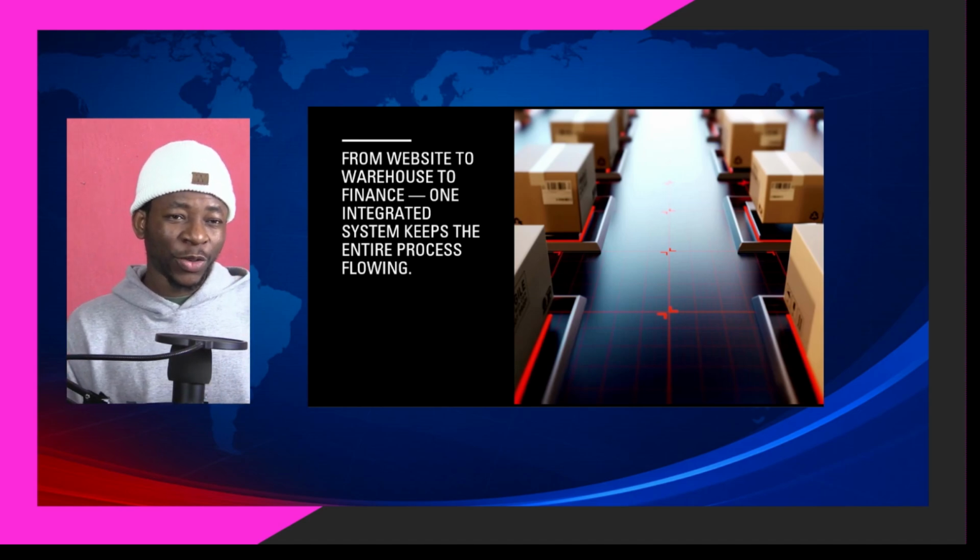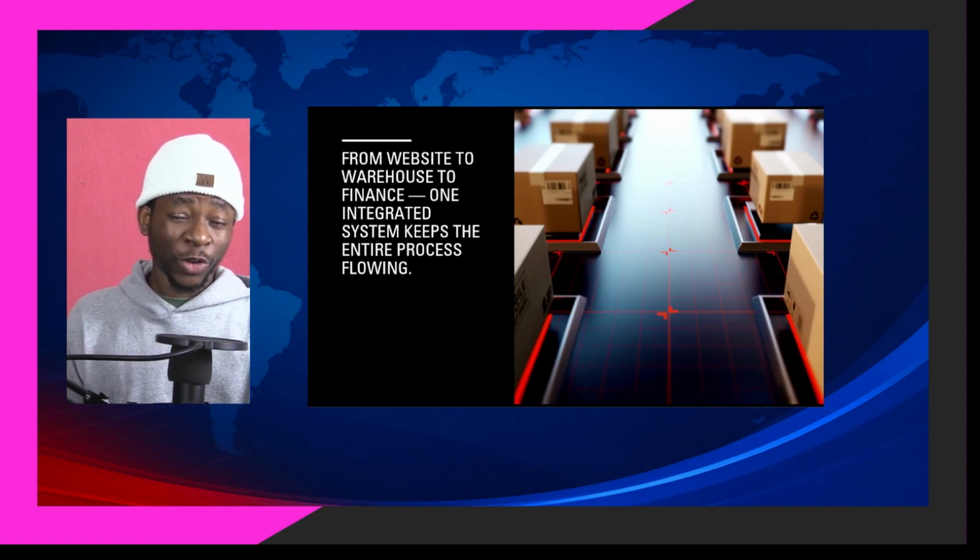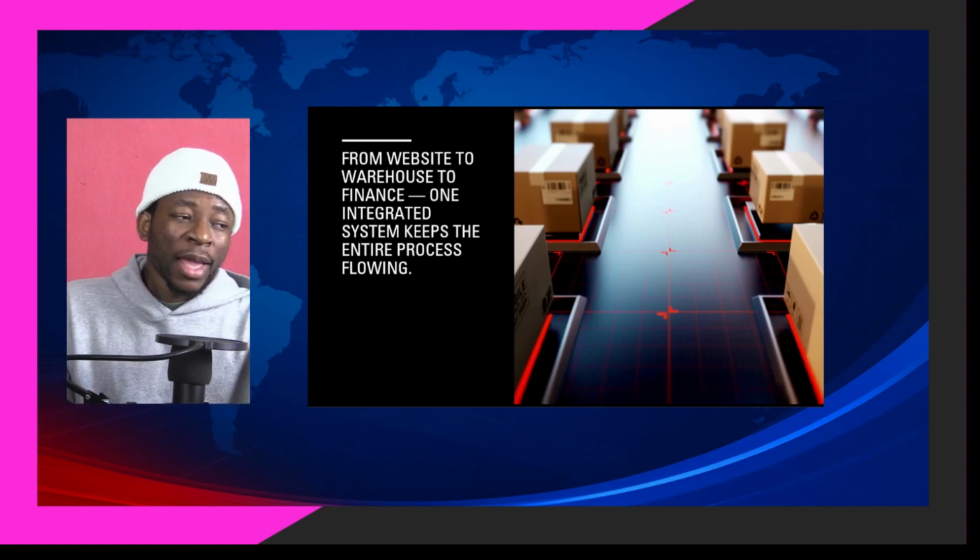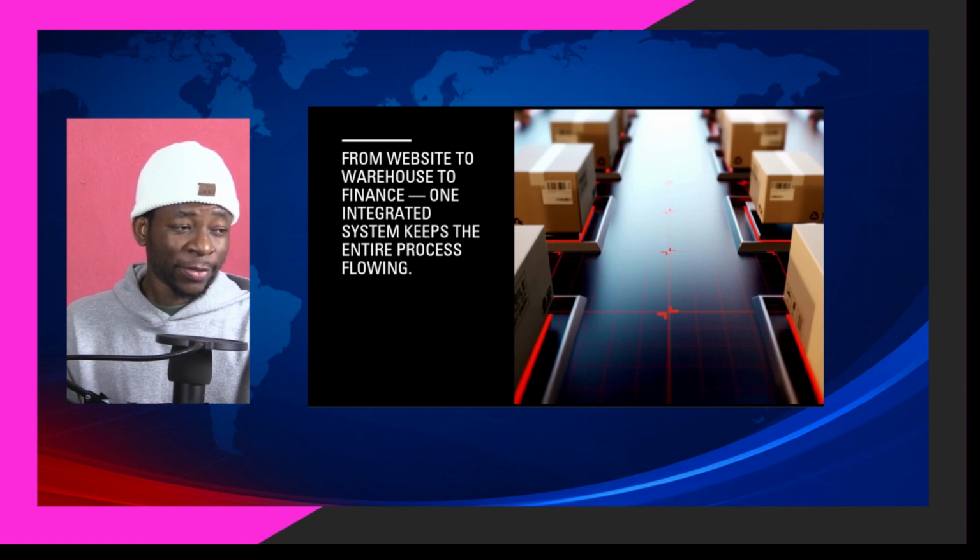So the next question will be, what is an ERP system? I've already given you an overview, so you should have a glimpse of what it is. Enterprise resource planning systems are integrated software platforms that connect all business functions under one digital roof.